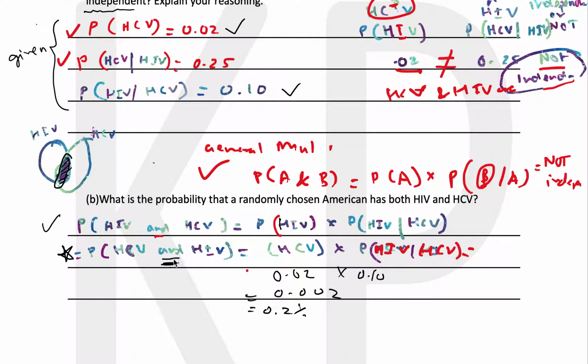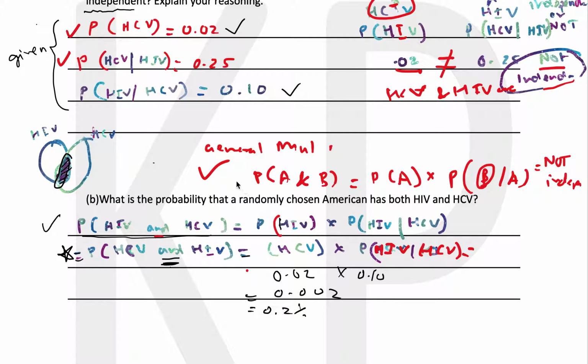intersection, or the AND. So let's flip it around for that limitation of given information, and write that this is also equal to probability of HCV and HIV.